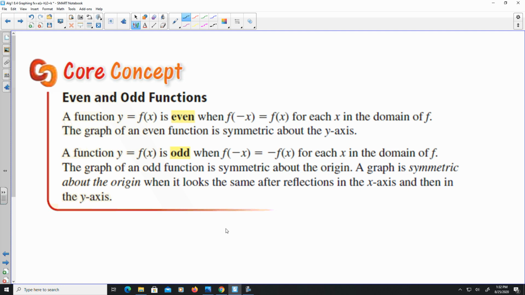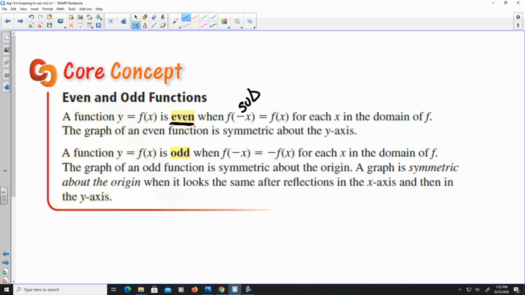One of the concepts they want us to address in this section first is whether we have what is called an even or an odd function. What they say here is, if we have an even function, what you are going to do is substitute x with negative x in the function.